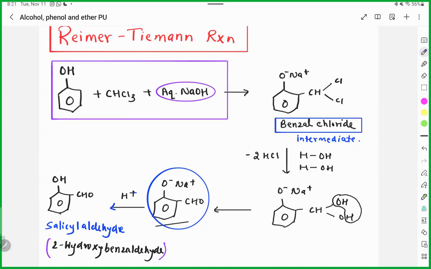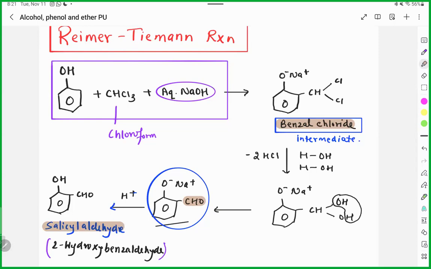So what you should know: the reactant is chloroform in the presence of aqueous NaOH. Then benzyl chloride is the intermediate formed here. After intermediate formation, the aldehyde will be attached at the ortho position, and salicylaldehyde will be formed.